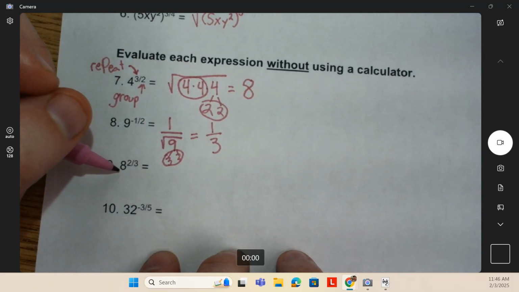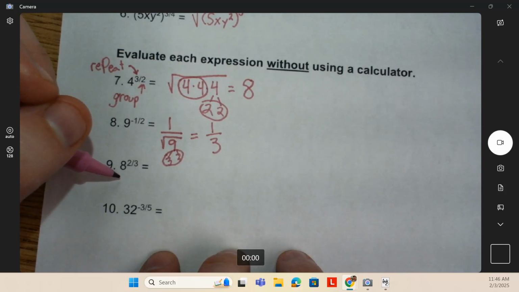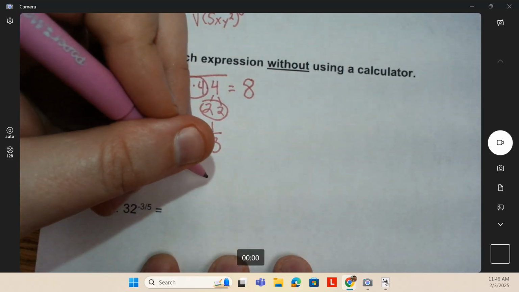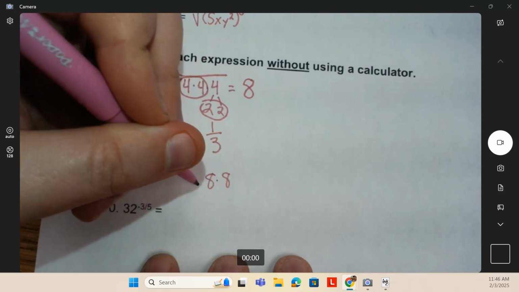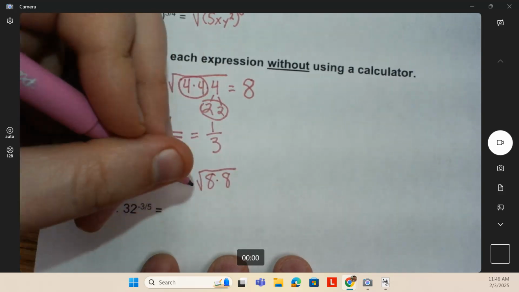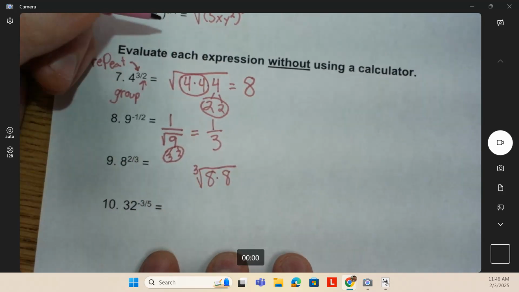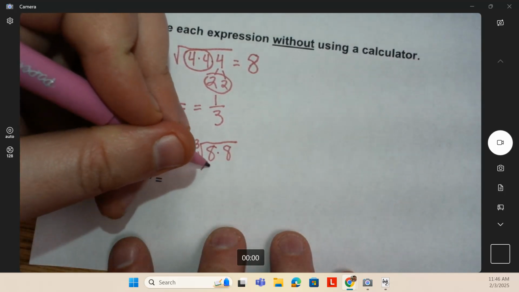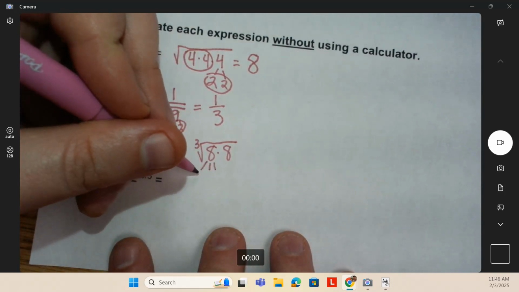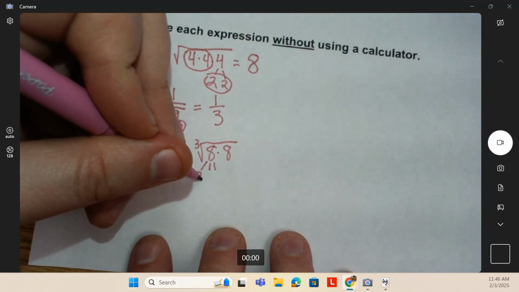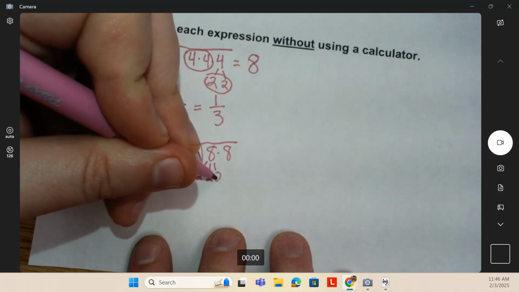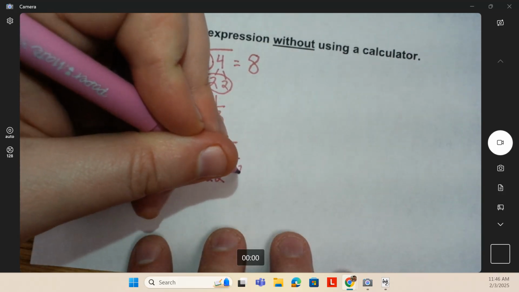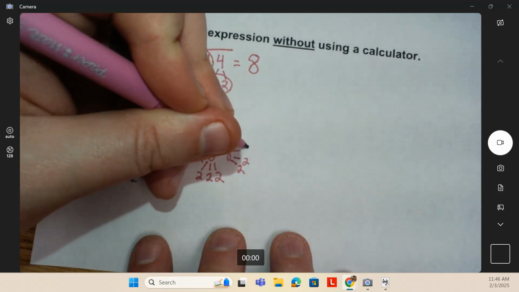When I've got 8 to the 2/3 here, remember I'm going to repeat it twice. So I have 8 and 8. And I'm doing the cubed root, so an index of 3. Now, if you remember for 8s, you could say it's 4 times 2, but 4 is just going to split up into 2 times 2. So I always think of my 8s as being 2 times 2 times 2.